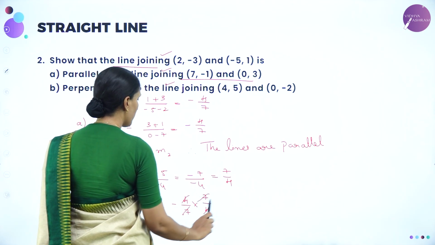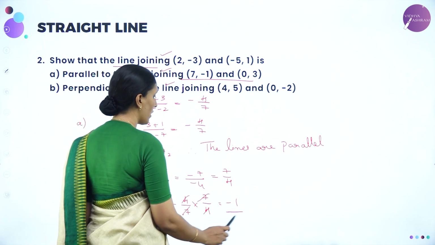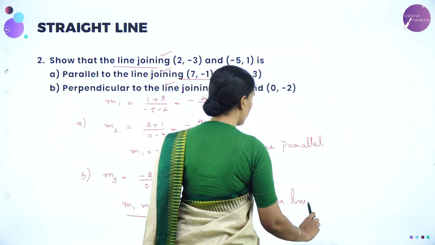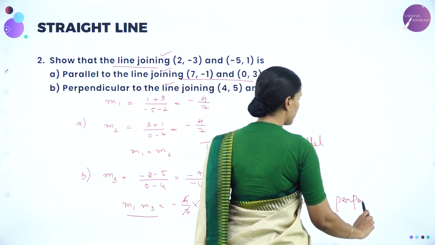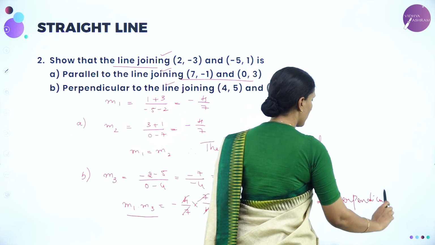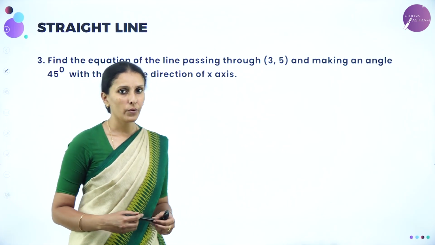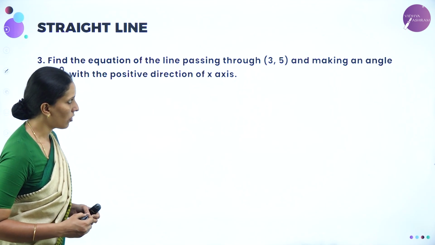So cancelling this, we are getting -1. M1 into M3 is -1. Therefore the lines are perpendicular. Hence proved.